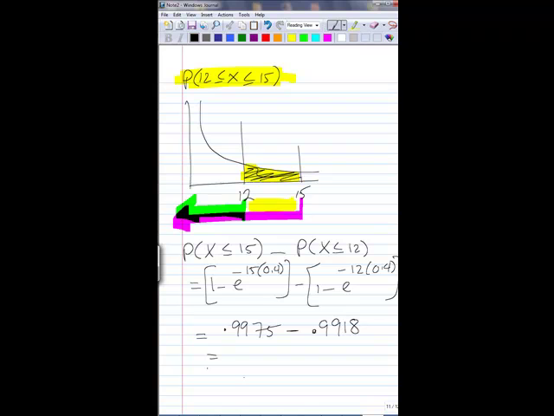So the difference between the two should be 0.0057. So this area is 0.0057, and that is the answer to this problem.